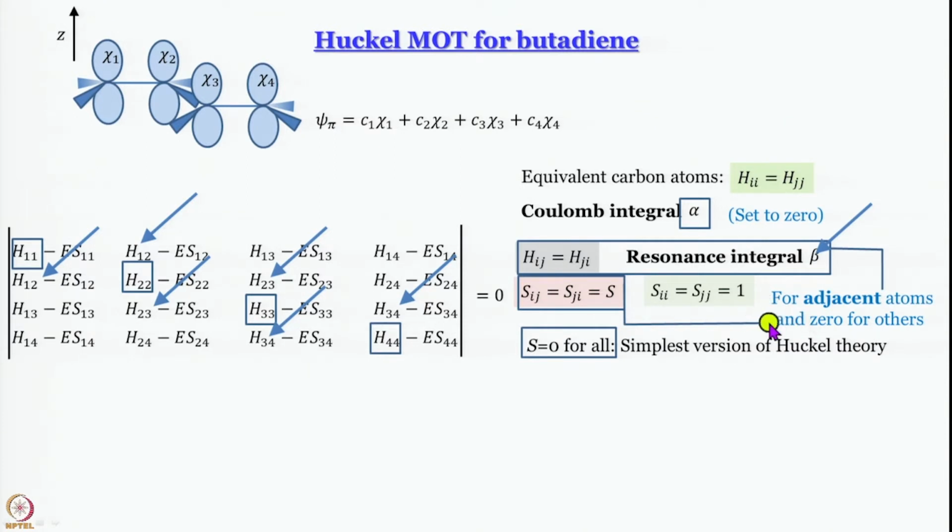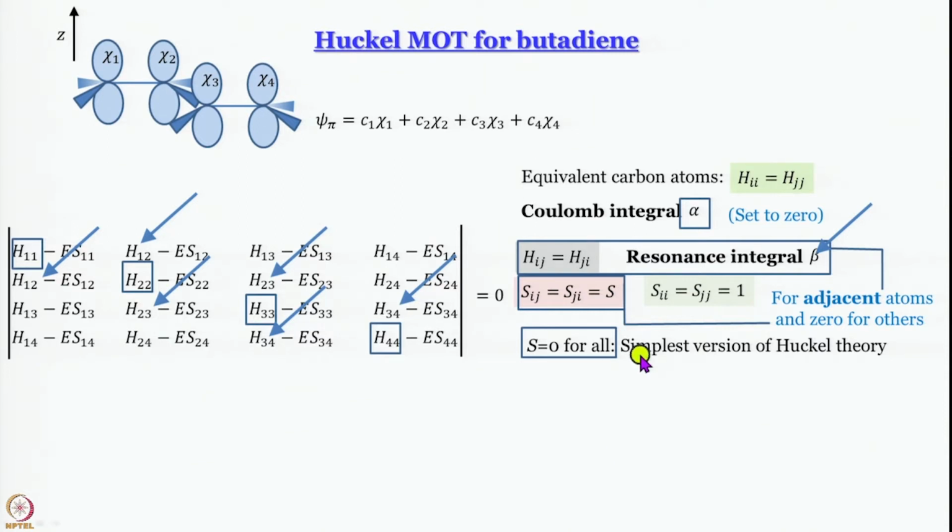But today, we are at the end of the course, we are not going to start a new discussion now. So, we are going to set it to be equal to 0, and the justification for setting S equal to 0 or nearly equal to 0 is that we are talking about pi interaction. So, overlap is poor, overlap integral is going to be small.